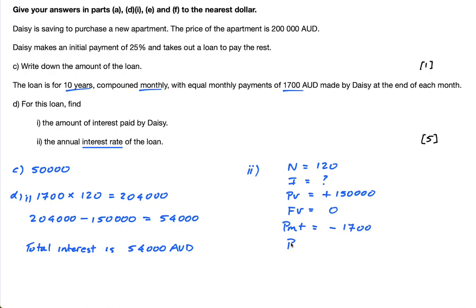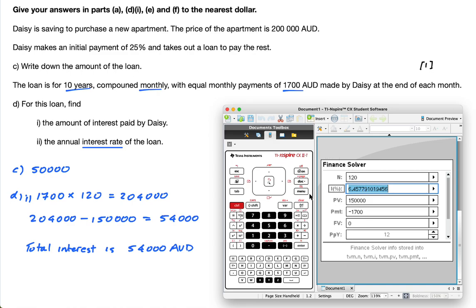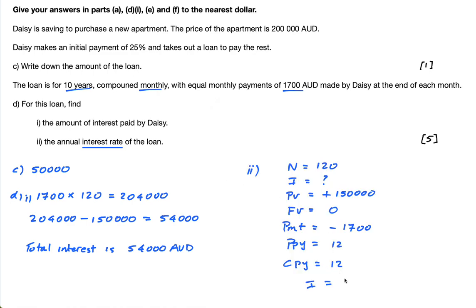The payments per year is 12, and the compounding periods per year is 12, and the interest rate is then from this 6.45779. Does it say? No, it doesn't say that I have to give it to a particular value, so I'm going to put that and then to 3 significant figures, 6.46%.